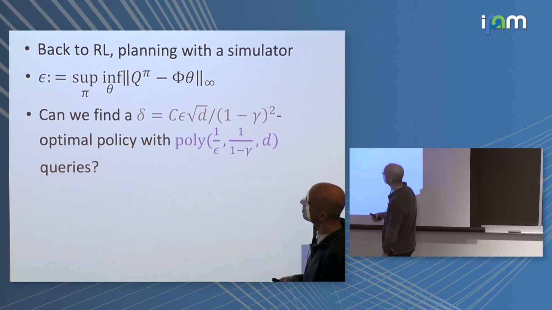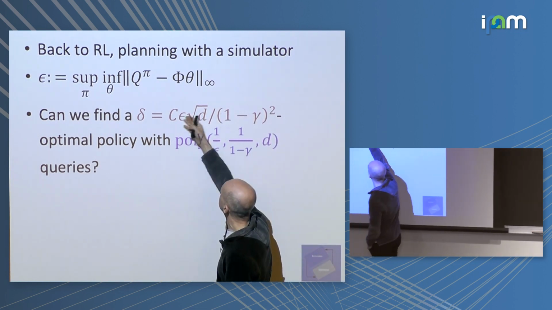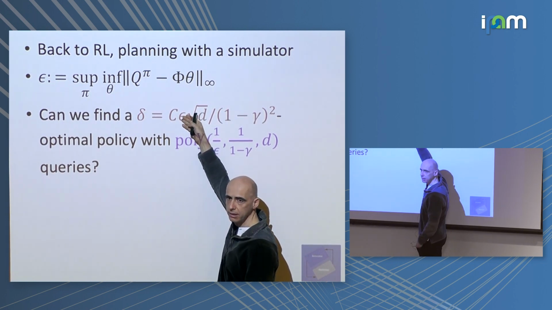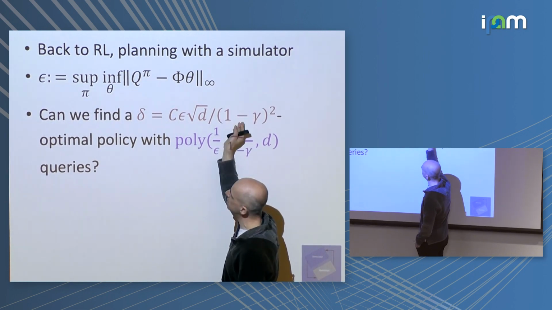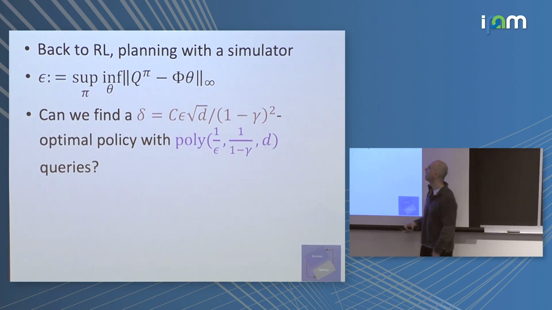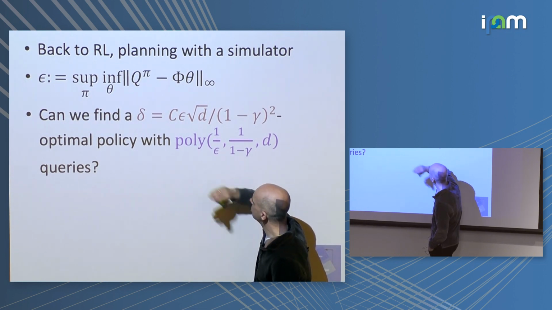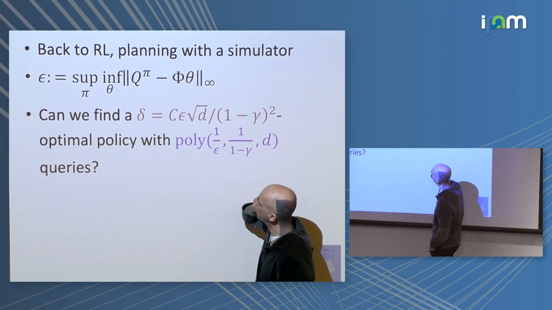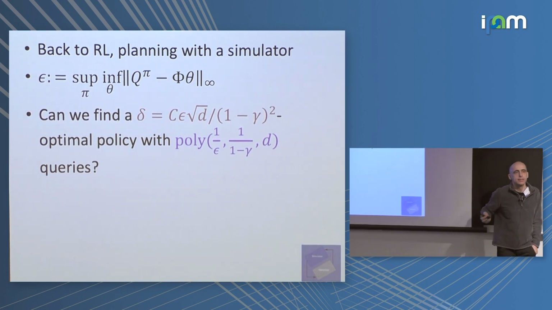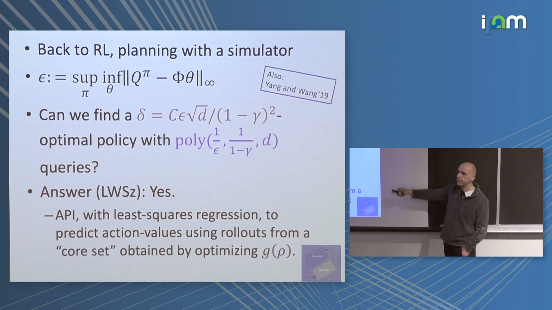And then you are asking whether you can find a near optimal policy whose suboptimality level scales linearly with the misspecification level, but you allow some blow-up factors. We already saw that the 1 over 1 minus gamma squared has to be there. And now we are introducing a square root of d. And you require that you only submit polynomially many queries to the simulator. And then the question is, what is the algorithm that will give you this? And the answer is that yes, there is an algorithm.